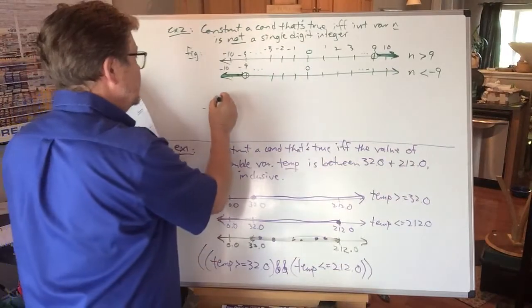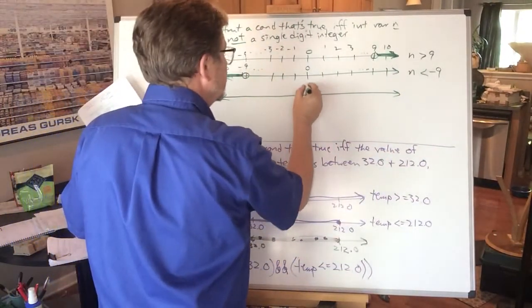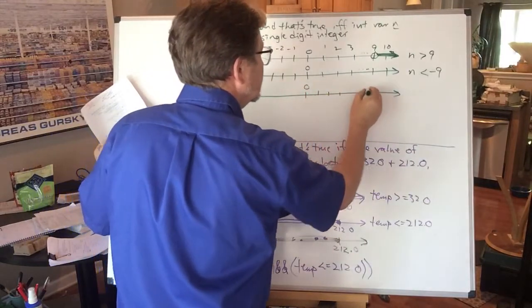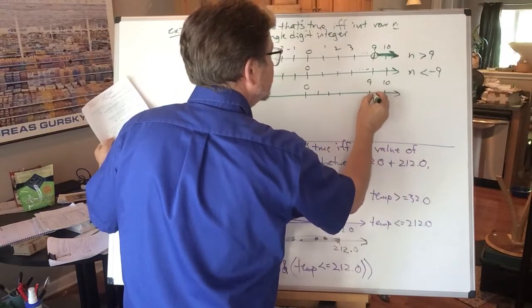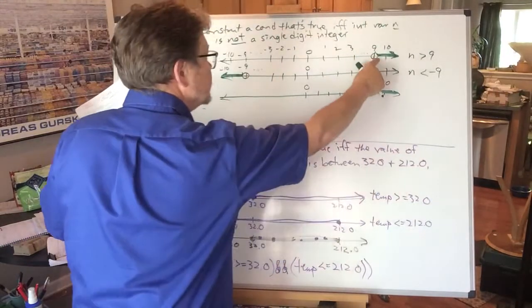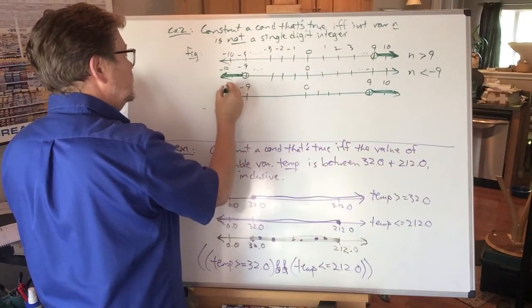Now, let's combine those. 0 in the middle, yada, yada, yada, 9, 10. Open circle, solid in that direction. That's the first number line. Here's the second number line. Negative 9, negative 10.